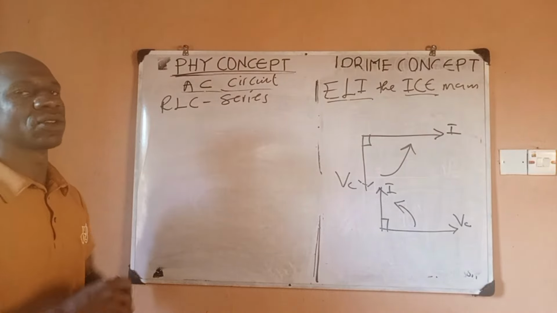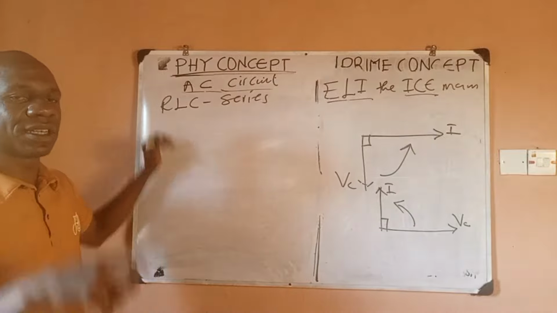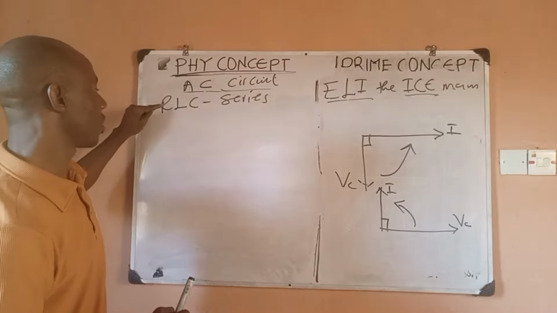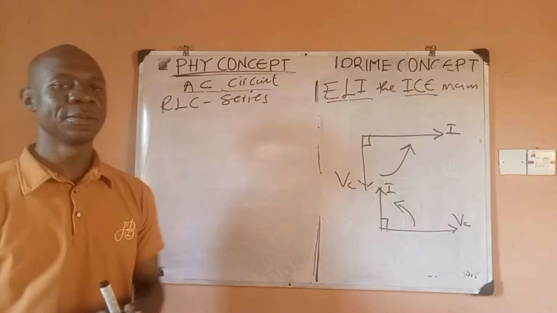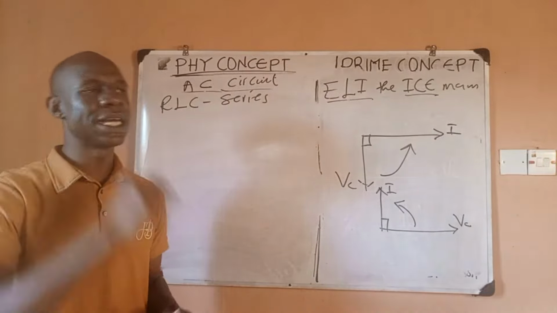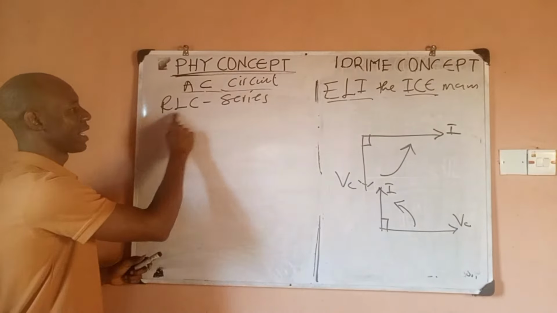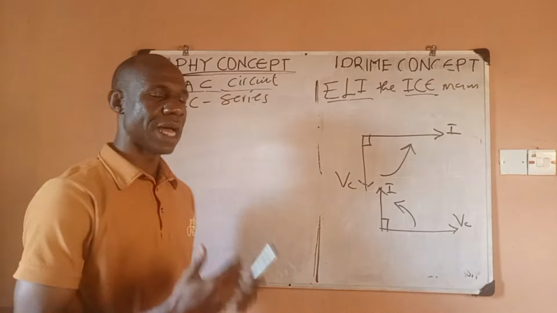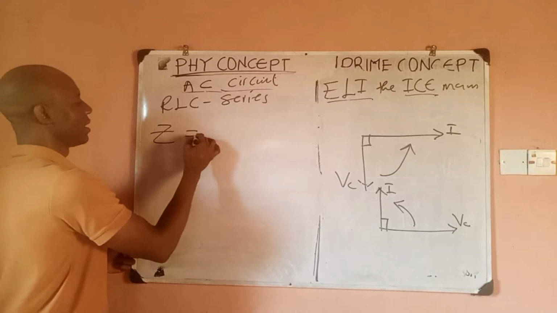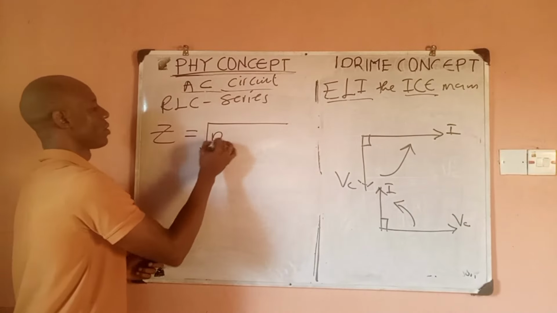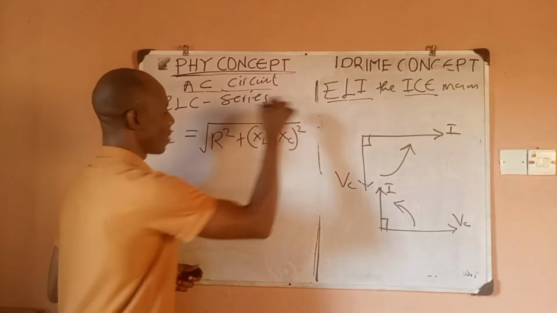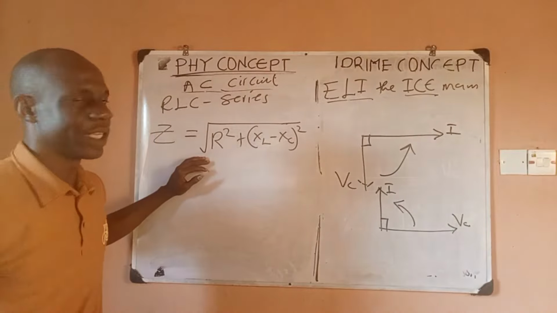When you have a circuit that contains these three things, the resistance of that circuit is going to be a contribution from R, L, and C. The resistance of an RLC, RL, or RC circuit is known as impedance, and that impedance Z is given as the square root of R squared plus (XL minus XC) all squared. So you should take note of the formula for impedance.